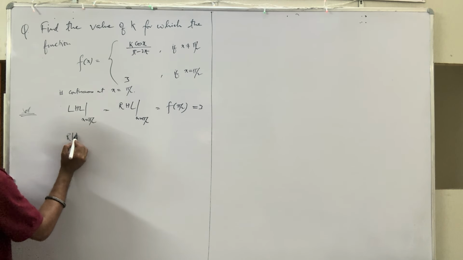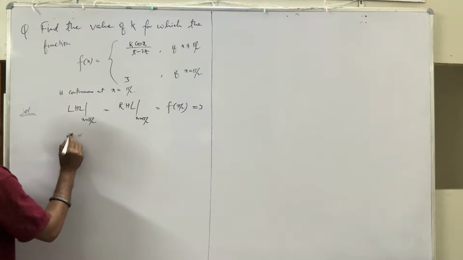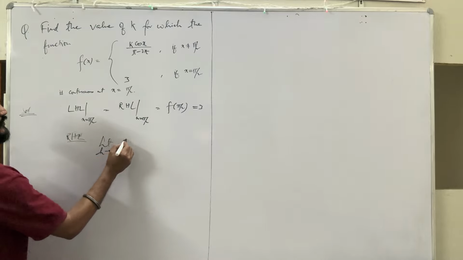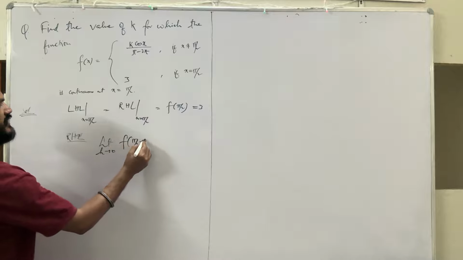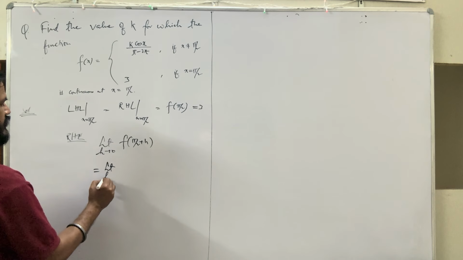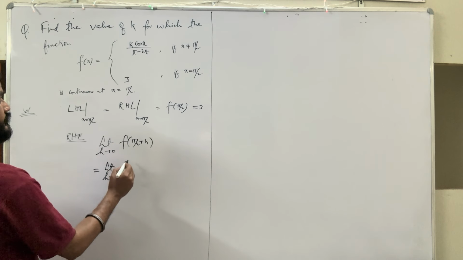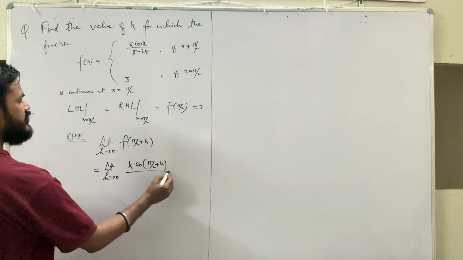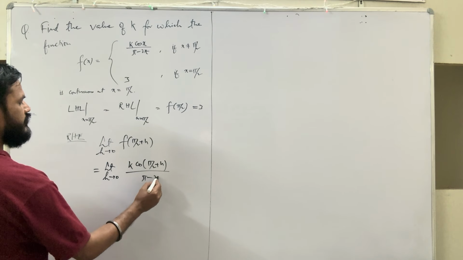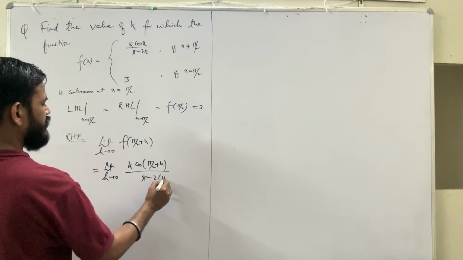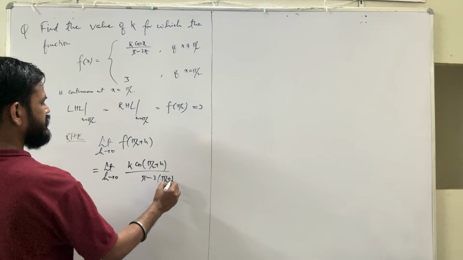So the right hand limit is the limit as h tends to 0 of f(pi by 2 plus h). So this becomes the limit as h tends to 0 of k cos(pi by 2 plus h) divided by pi minus 2x. In place of x, we write pi by 2 plus h.